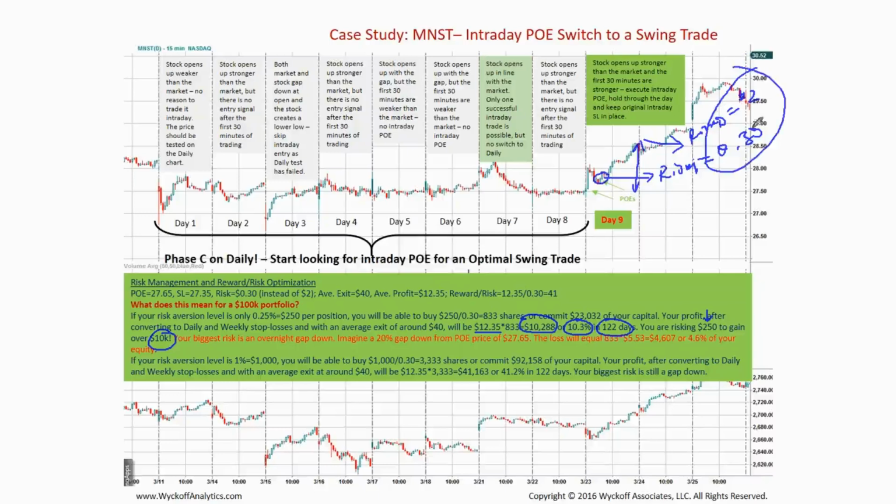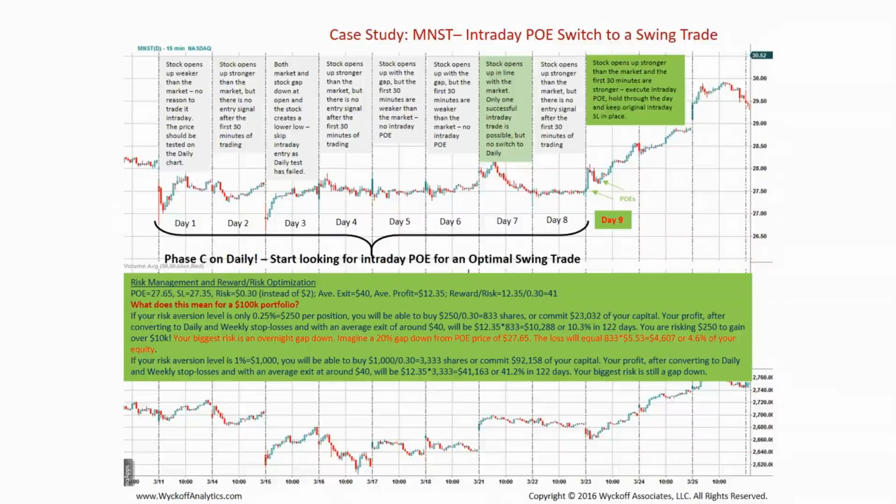So this difference creates much larger sizing for you, and if you identified that day correctly and you switched correctly and the price is not coming back to your stop loss, then you're going to gain a lot. You just need to wait and exit on the daily or weekly, whatever you decide to do, and you could have that type of trade.